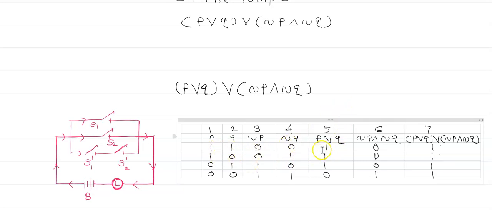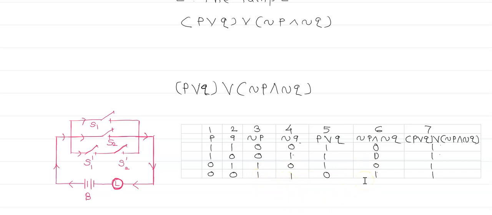1, 1 is 1. 1, 0 is 1. 0, 1 is 1. And last, both of them are 0, and that's why it is 0. Next, we require the negation of P and negation of Q, which is column number 6. Negation of P and negation of Q: 0 and 0 is 0, 0 and 1 is again 0, 1 and 0 is again 0, but last is 1 and 1, which is 1.